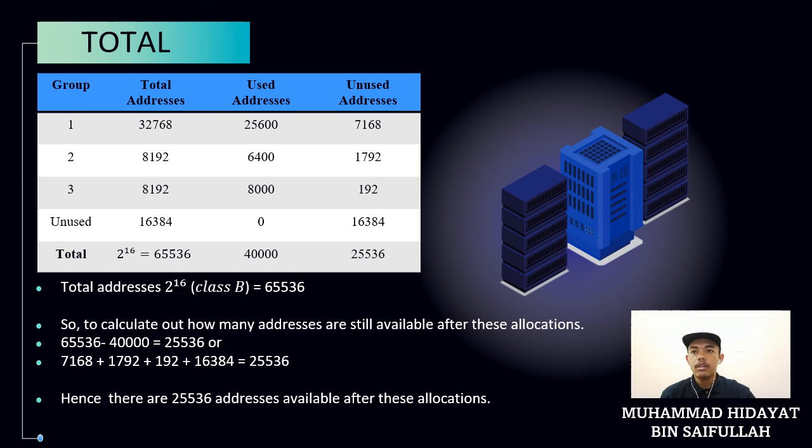To calculate how many addresses are still available after this allocation, 65,536 minus 40,000 equals 25,536, or 7,168 plus 1,792 plus 192 plus 16,384 equals 25,536.